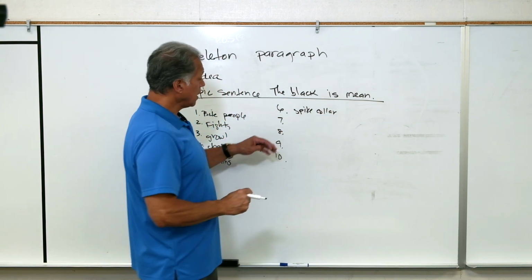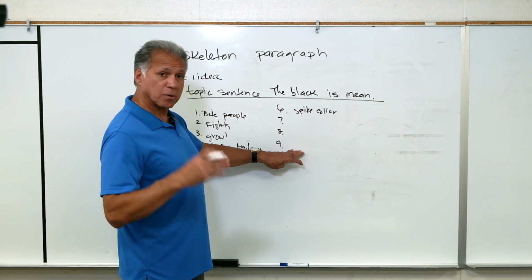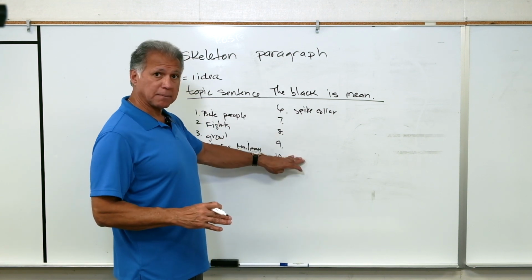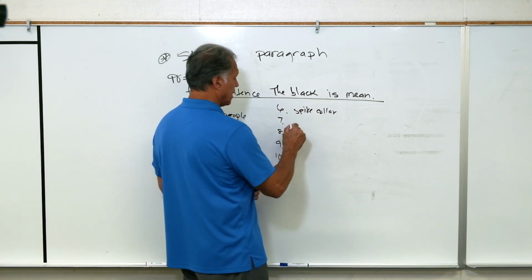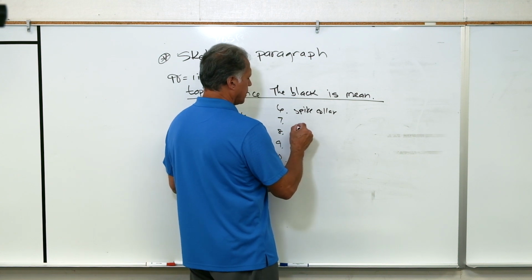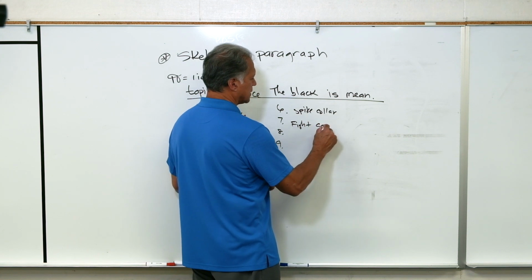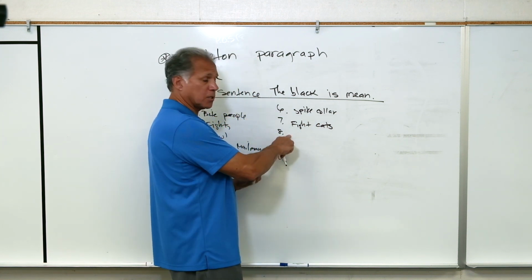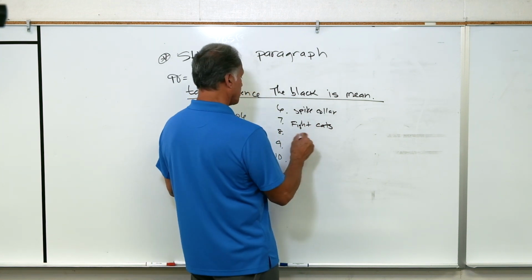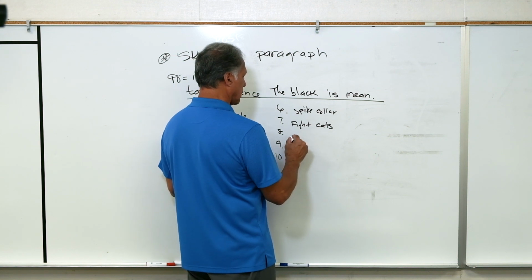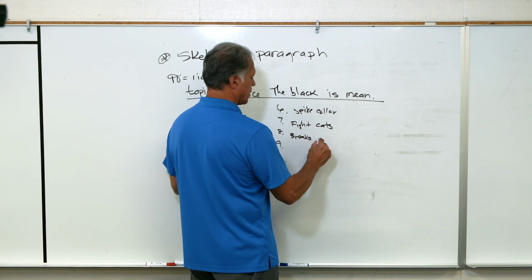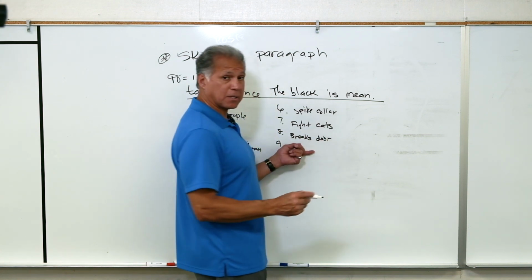Okay? And then you can write other things in here, your own ideas that prove he's mean. So I can say something like, he doesn't like cats, fights with cats. Another one can be, he breaks through the screen door to get out. That's a very mean dog.